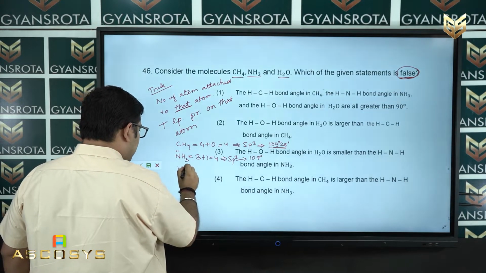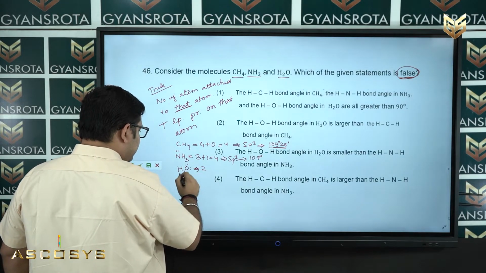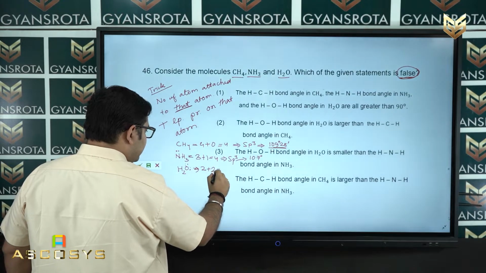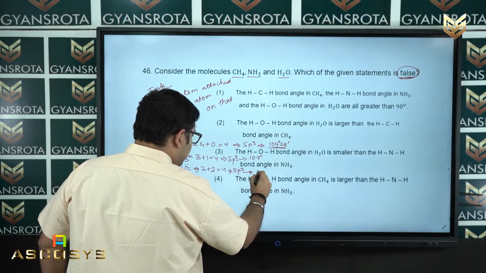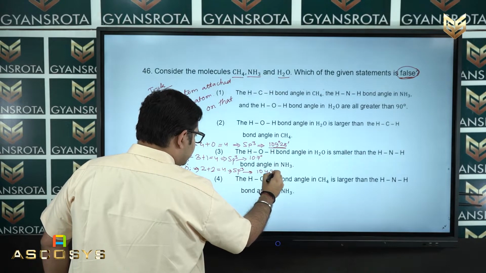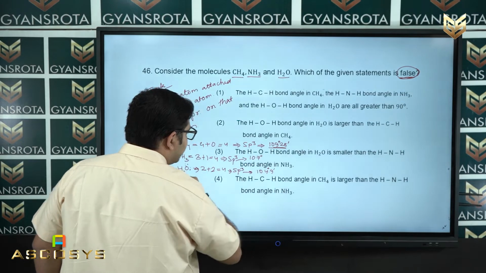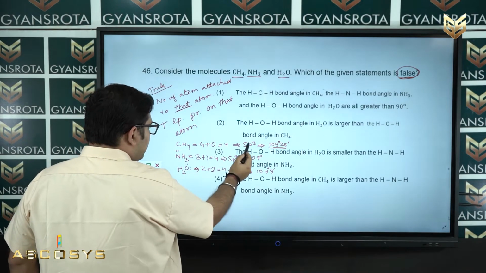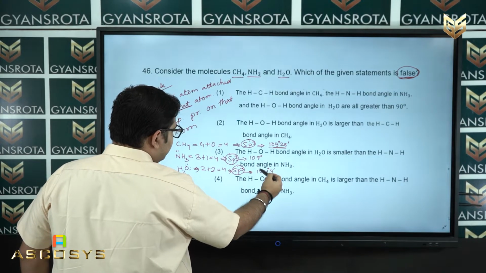In water, oxygen has 2 lone pairs. So the number of atoms attached is 2 plus 2 lone pairs, that is 4, sp3, but here again the bond angle comes as 104.9, approximately 104 degree 9 minute. Now, if you see, all have sp3 hybridization, but the bond angle keeps getting smaller.